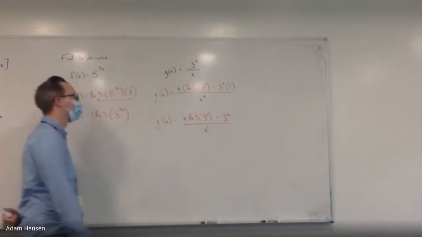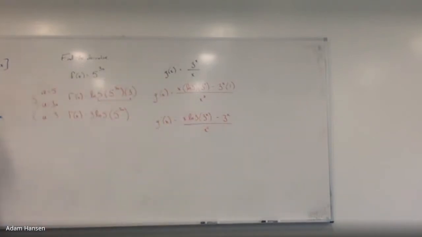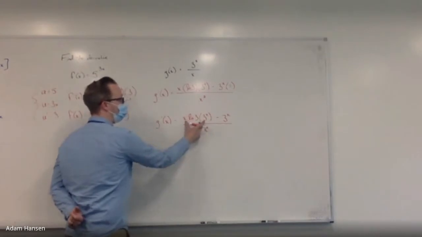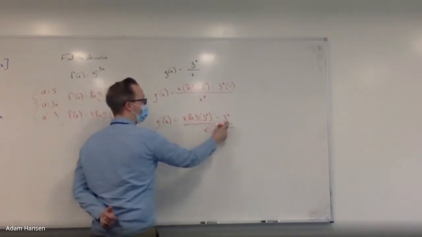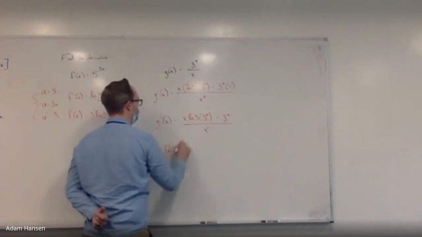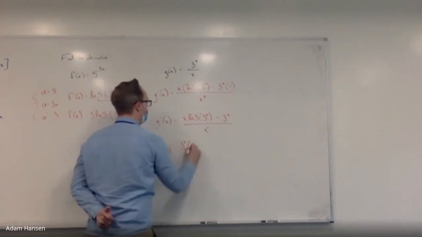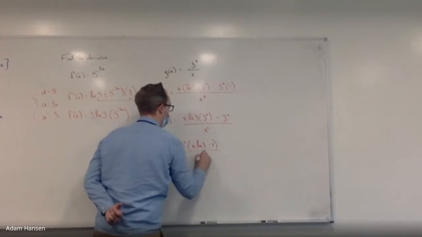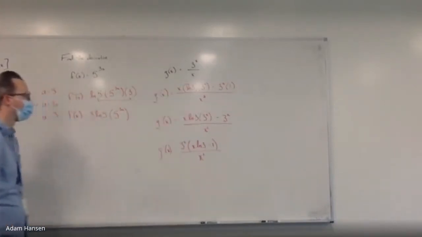Is there anything I can factor out from those two terms on top? 3 to the x, yes. I can take the 3 to the x from x ln 3 times 3 to the x. I can take a 3 to the x from this next term. I think we'd write our answer as this: 3 to the x times x ln 3 minus 1 over x squared.